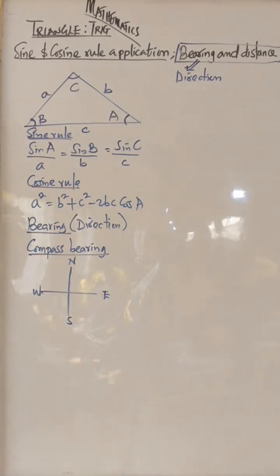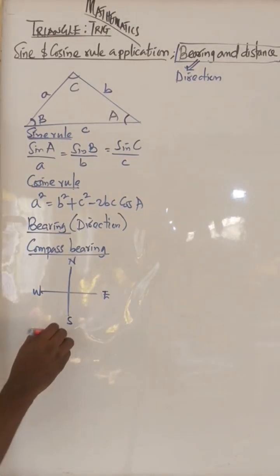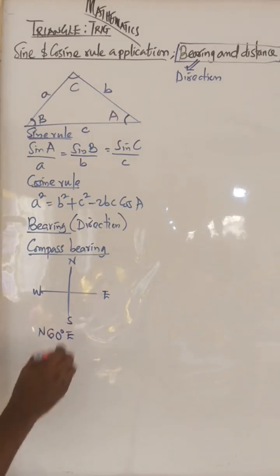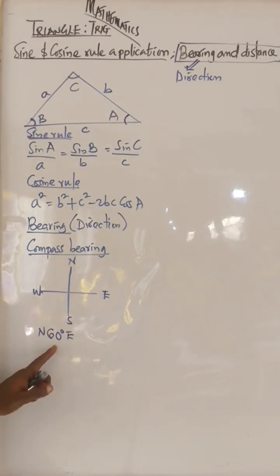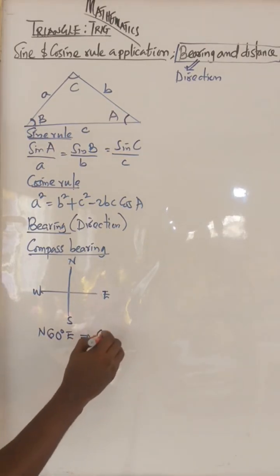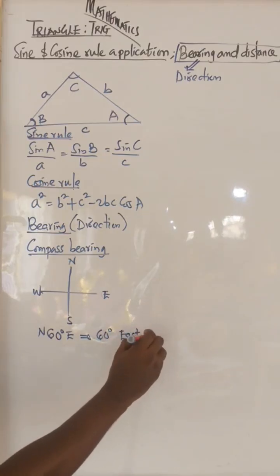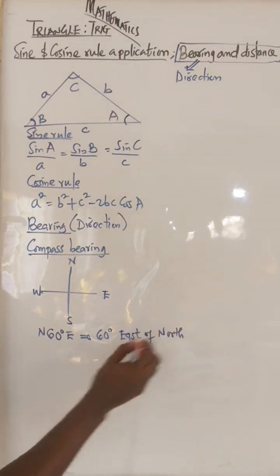So suppose we are told that a body moves in the direction of 60 degrees north of east. Not 60 degrees east, meaning 60 degrees east of north. So this can also be written as 60 degrees east of north. Meaning from north.